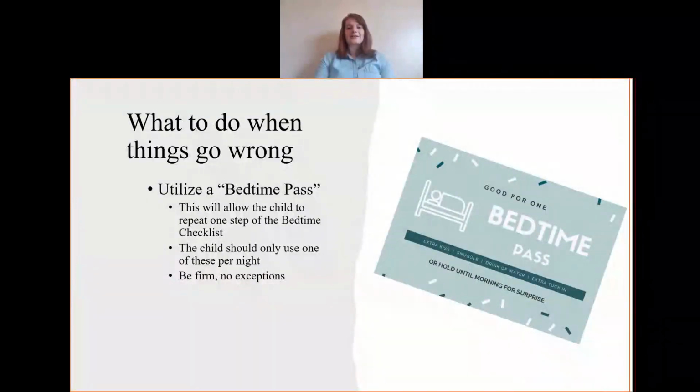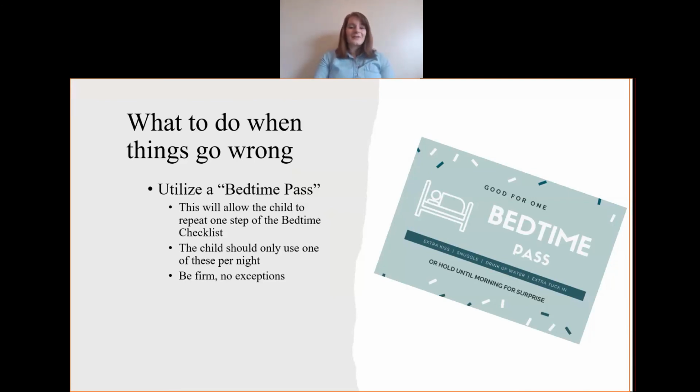Now, as parents, we know that on occasion, things don't go quite as planned. And one way to plan for this is to utilize a bedtime pass. And this bedtime pass is an opportunity for that child to complete one extra step on their checklist. So if that's getting an extra snuggle session with mom and dad, an extra drink, or reading one more story, this is an opportunity for them to say, hey, 5 more minutes, but say it in a more appropriate way so that you're still ensuring that they're getting to bed.